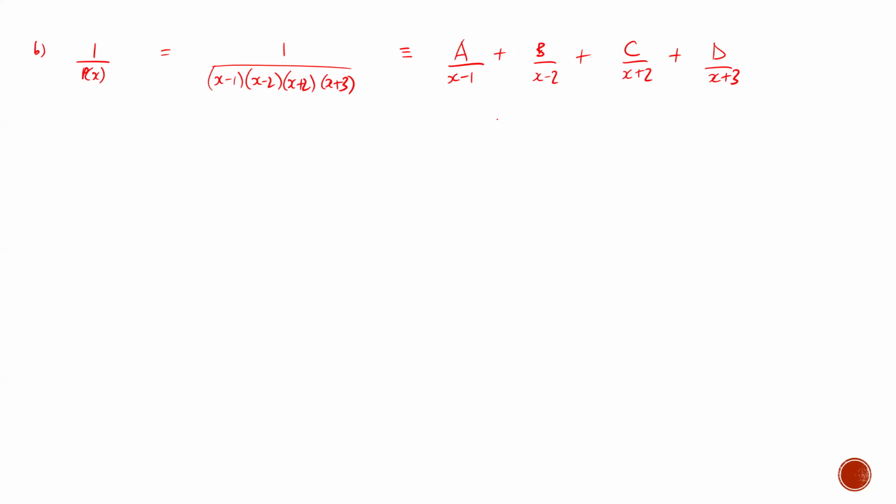Now, of course, you realize that if we were to put all this under the same denominator, which is the product of all the factors, the numerator on the right-hand side will be a times (x minus 2)(x plus 2)(x plus 3) plus b times (x minus 1)(x plus 2)(x plus 3) plus c times (x minus 1)(x minus 2)(x plus 3), and then plus d times (x minus 1)(x minus 2)(x plus 2).